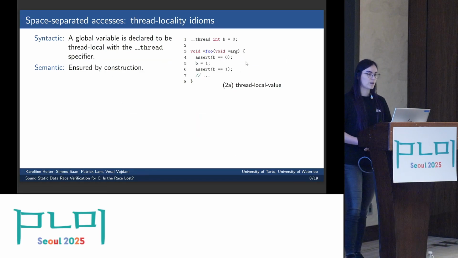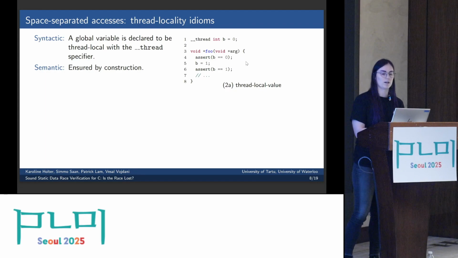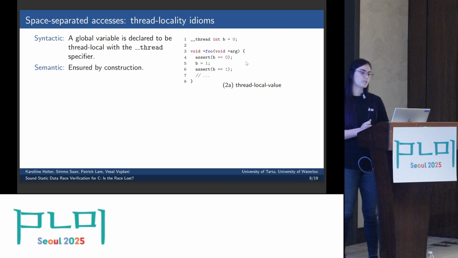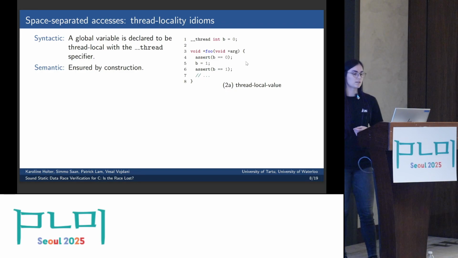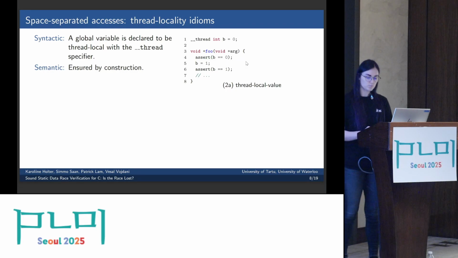So space separation can also be ensured using thread local storage. There's this thread specifier given by GCC that ensures that each of the threads has its own copy that they can modify, and this is ensured by construction.